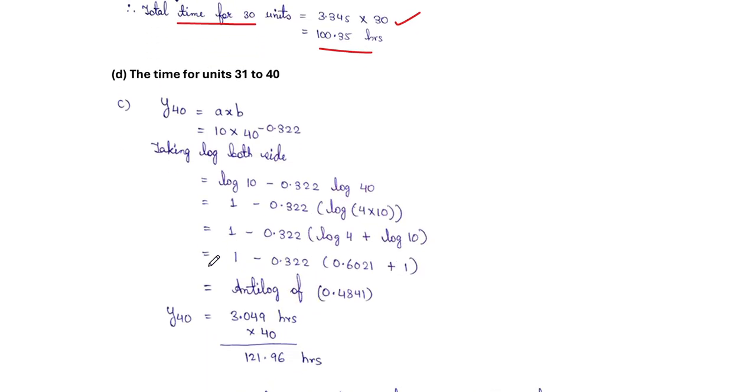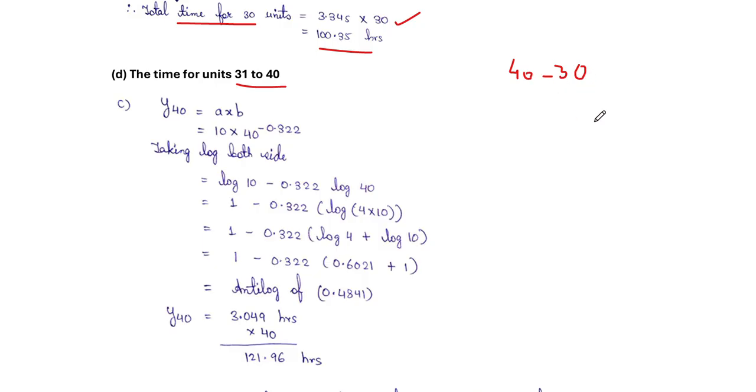Next, in the next part, we need to calculate the total time between 31 to 40 units. So what we can do is find the total time for 40 units and subtract the total time of 30 units. In this manner, if we subtract 40 minus 30, we will find the time for 31 to 40.